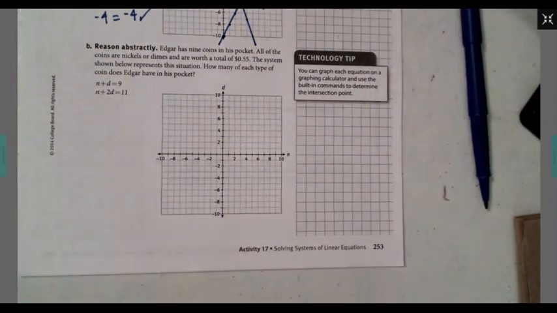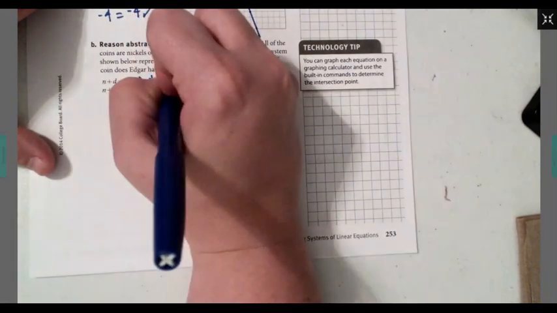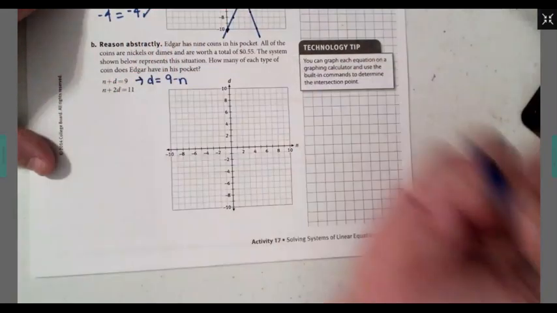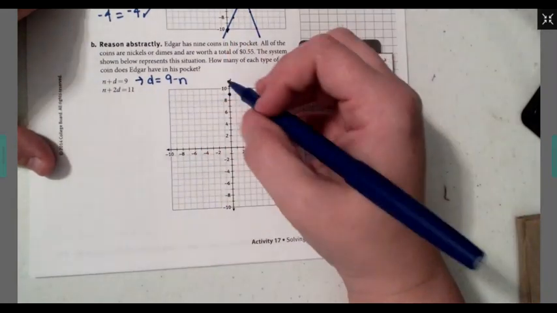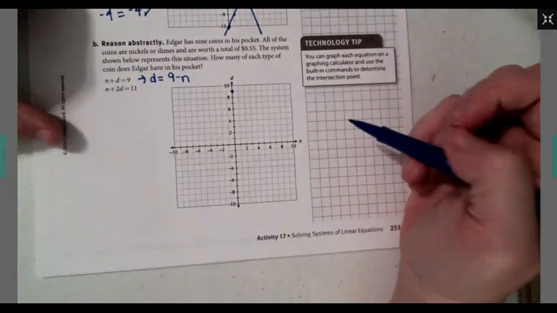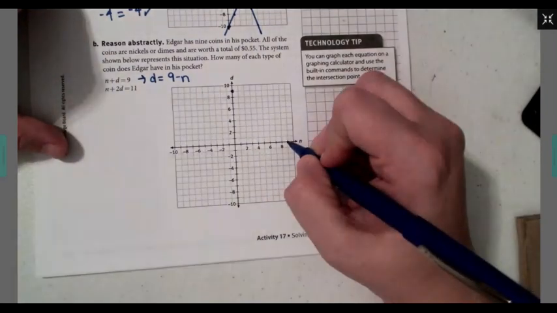So we want to solve these equations, and I'm actually going to solve them for D. So this would be D equals 9 minus N. So I'm going to start at positive 9, and we're going to go down 1 over 1, down 1 over 1, down 1 over 1.